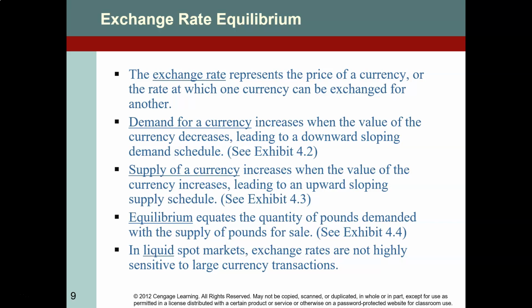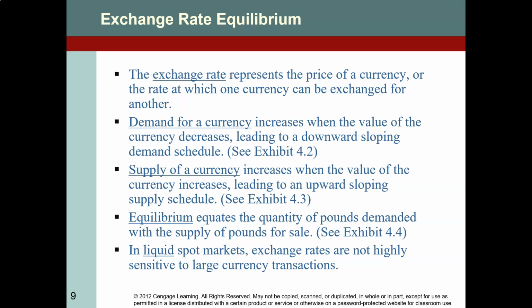Supply of a currency increases when the value of the currency increases, leading to an upward sloping supply schedule. Equilibrium equates the quantity of pounds demanded with the supply of pounds for sale. In liquid spot markets, exchanges are not highly sensitive to large currency transactions.